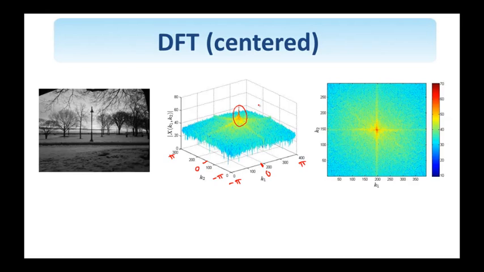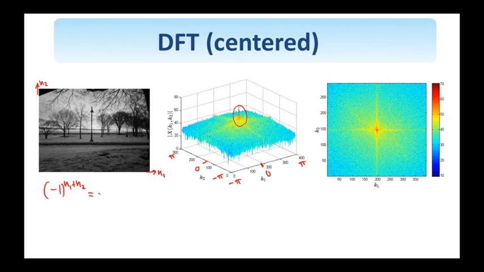And one way to do it is by multiplying the image by -1 to the n1 plus n2. So this is a checkerboard pattern. It alternates between -1 and 1. And why would such a multiplication center the spectrum?